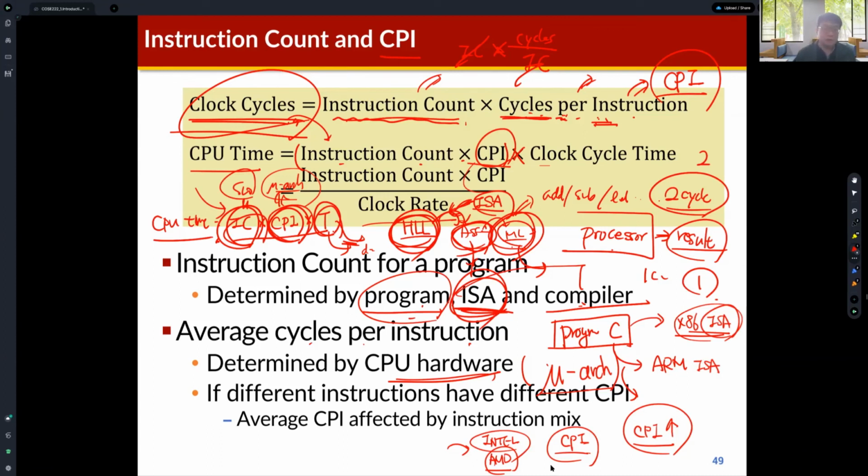And CPI also decides the CPU time, so we can focus on the microarchitecture of a processor. Now about design and hardware implementation, we can focus on the clock cycle time.